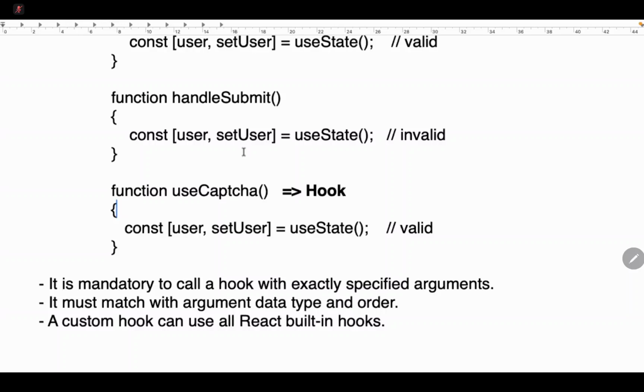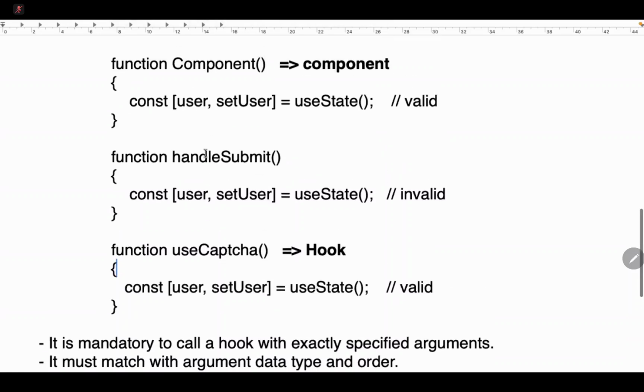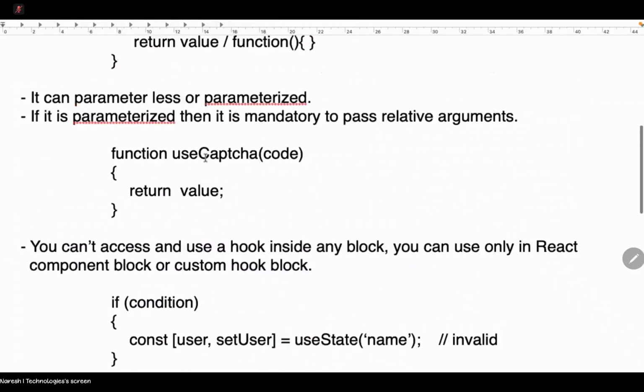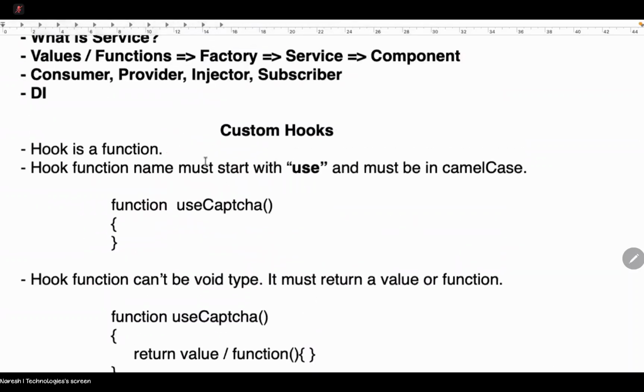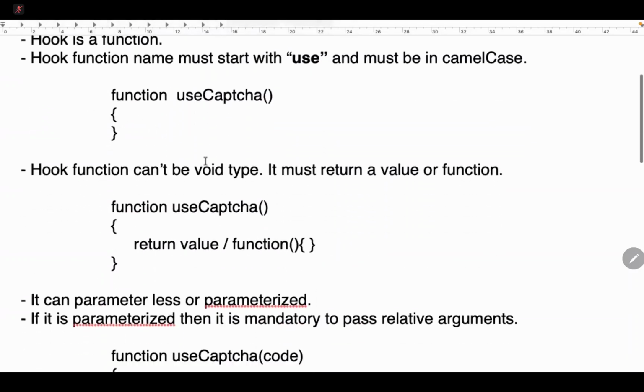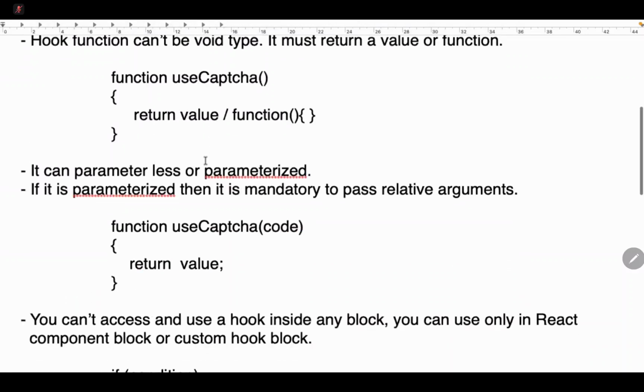It is in alpha only. That means it requires more confirmation from the React team, and we need more clarity about it. They just added it, but we need to wait and see whether it is suitable for every situation or not. It's still in alpha beta releases, right? I will show you. But these are all the basic rules of creating a hook. Let's see how we can use and define them.